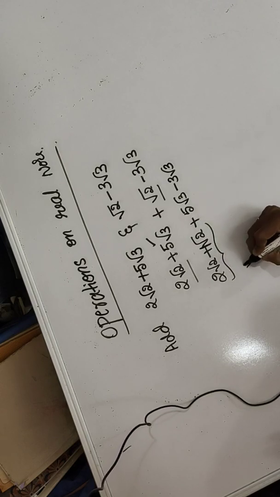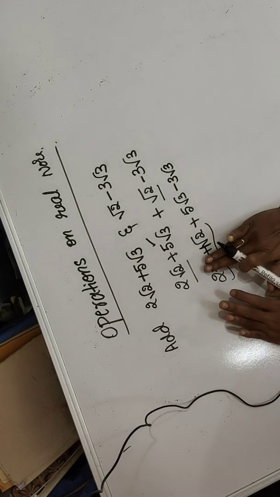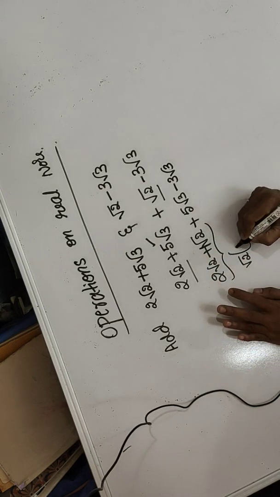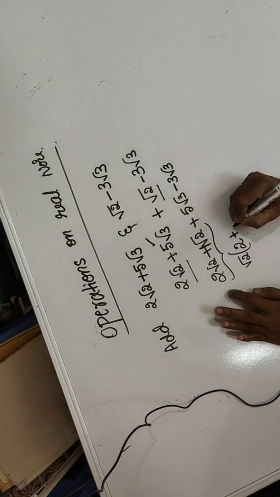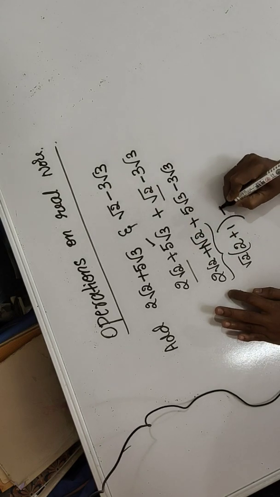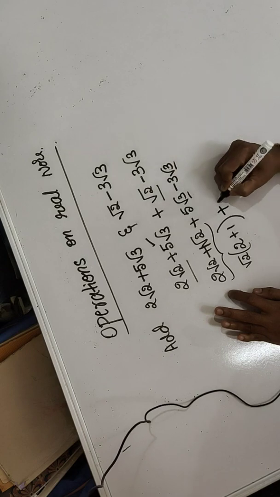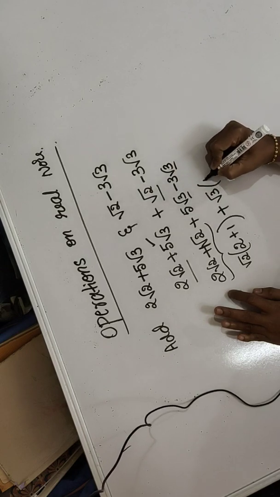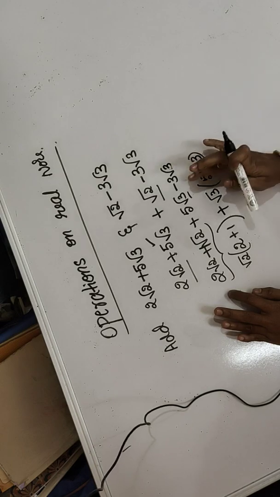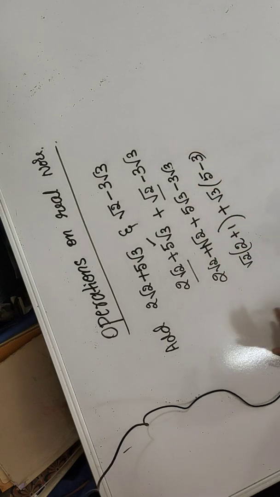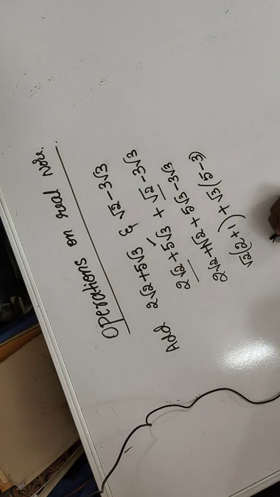Root 2 is common here, so I will take root 2 out. What is remaining here? If I have taken root 2 out, remaining is only 2. Plus, remaining is only 1. Plus here also root 3 is common. Remaining is 5. Be careful about the sign, it is minus 3. Now root 2 remains same.